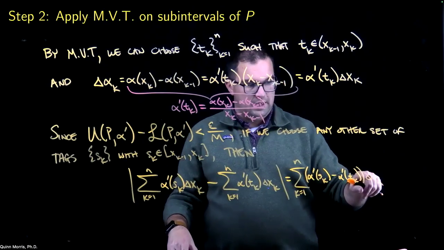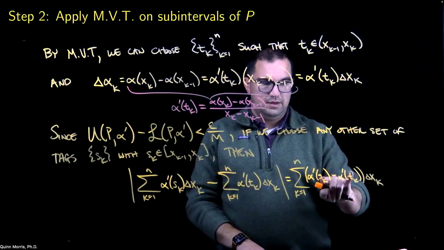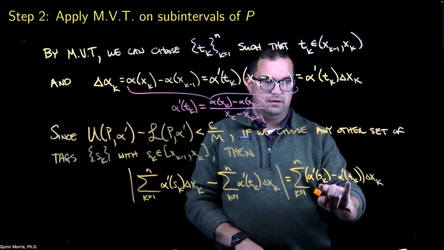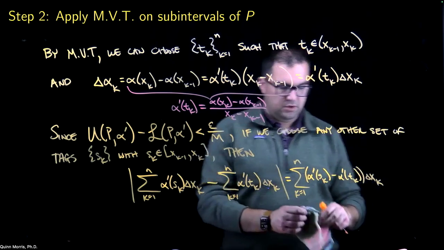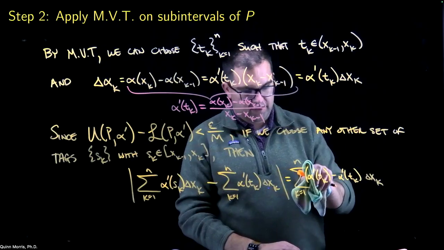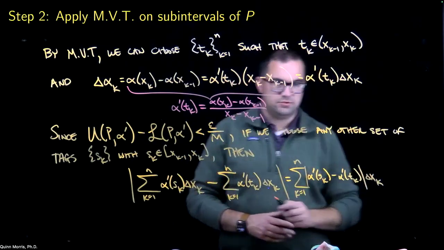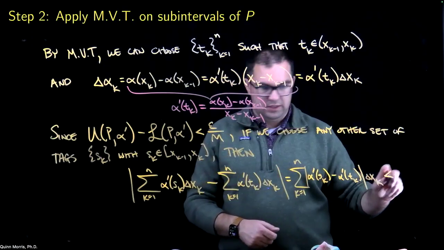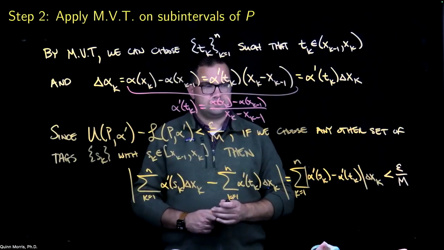And these terms right here are either going to be positive or negative, depending on exactly where we are in the subinterval. So I can apply this and just bring the absolute values here. And now I have that this whole thing is less than epsilon over m.